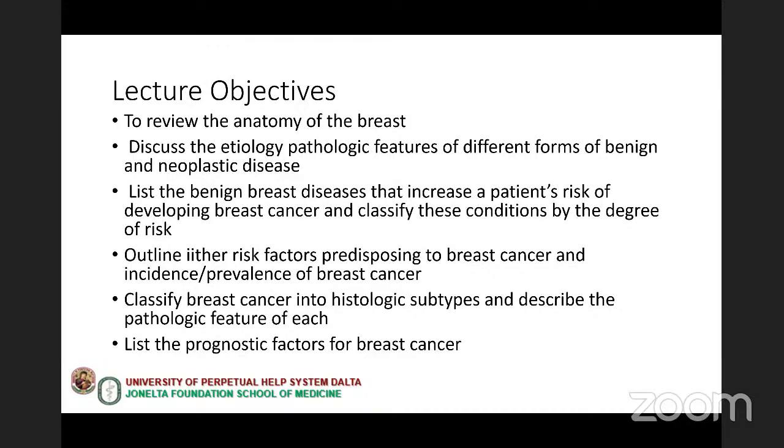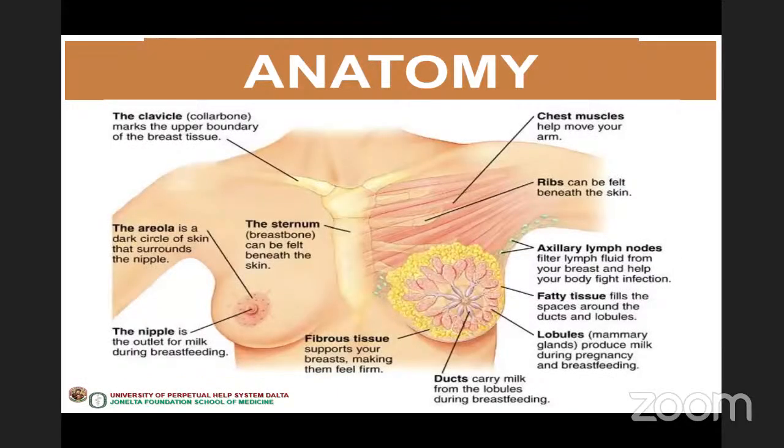Okay, this is just a review of the anatomy. Know the borders. The bony borders would be your clavicle and the sternum. You have your parts, which are the areola, the nipple, fibrous tissue, surrounded by your chest muscles, surrounded by your lymph nodes, and the like.